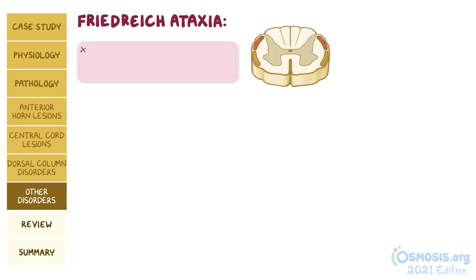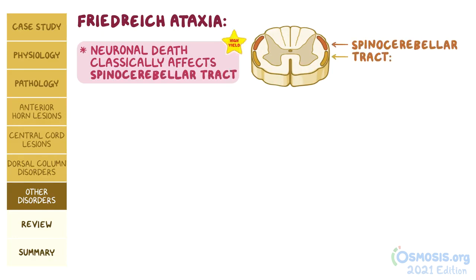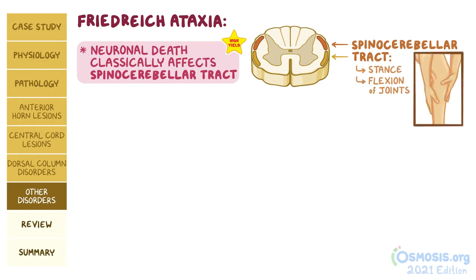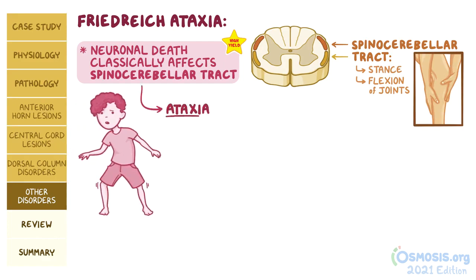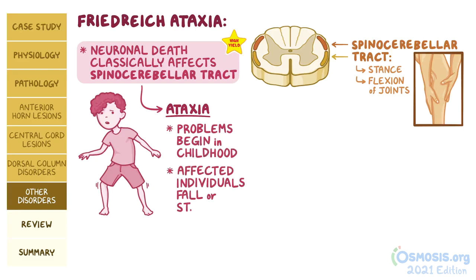In the nervous system, neuronal death classically affects neurons of the spinocerebellar tract, which transmits sensations about the position of your body parts like your stance, and how flexed your knees, elbows, and wrist joints are. And that leads to progressive problems with coordination and balance, known as ataxia. These problems usually begin in childhood, and affected individuals often fall or stagger when they walk.